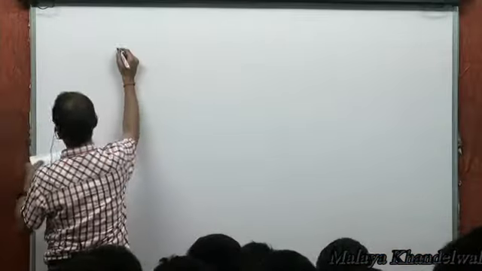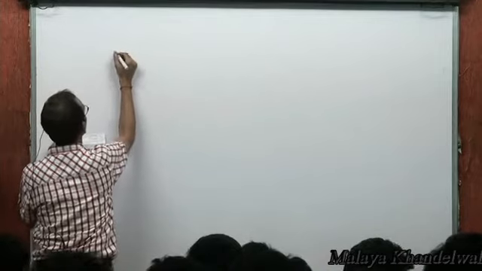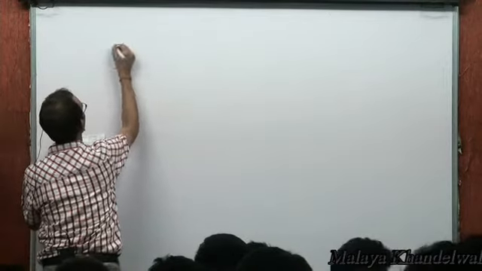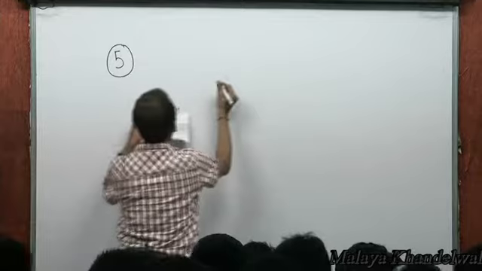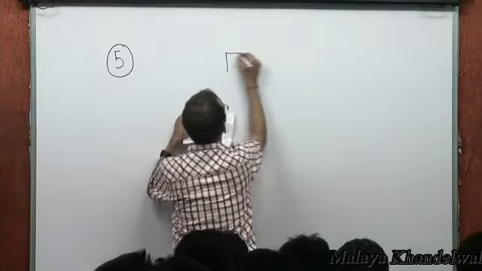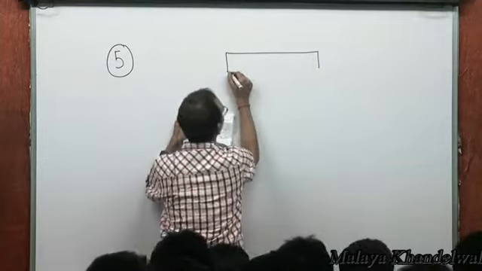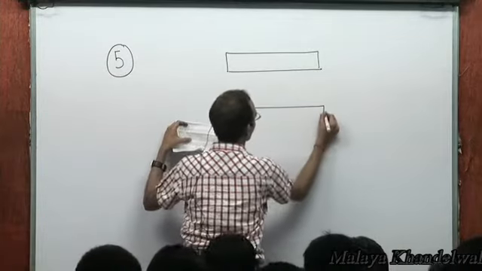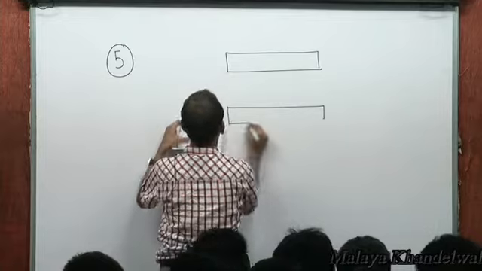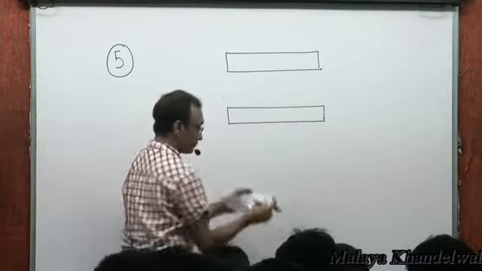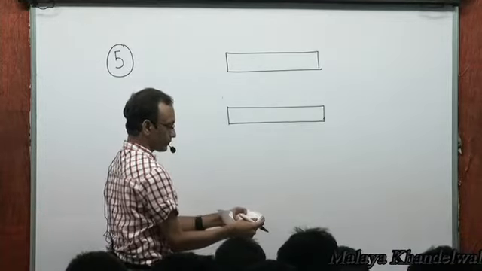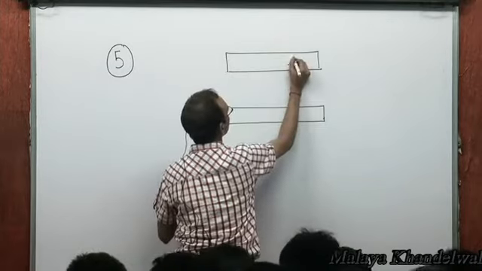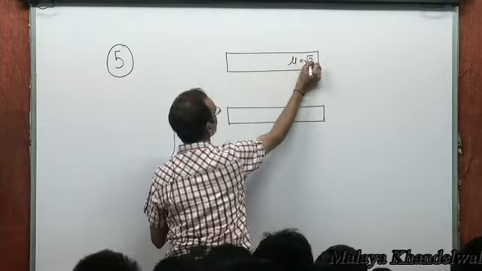All right then, number 5. There is a medium here with mu equal to root 2.